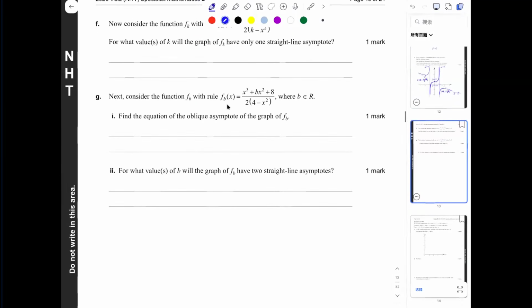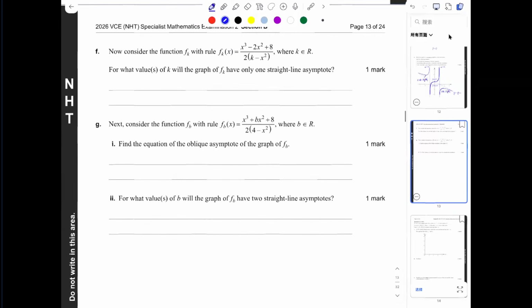Okay. If you consider this graph here, f_k of x, divided by 2 over k minus x squared, for what values of k will the graph of f_k have only one straight line asymptote? Because this is a cubic divided by a quadratic, you actually get a linear and plus some fraction.